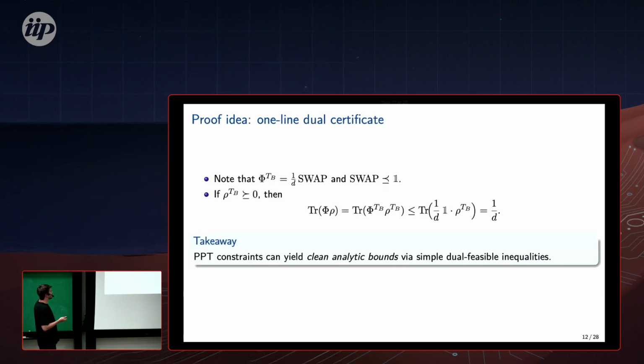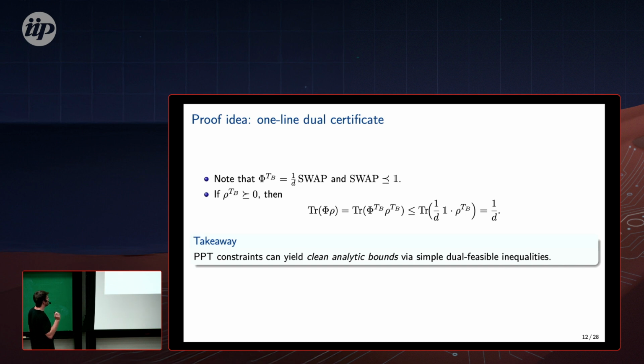And how are we going to show this? Well, remember that I told you before that when you were doing Slater's conditions and so on, often just trying with the maximally mixed state is good enough. Well, it turns out that if you do some matrix tricks, this is indeed the case also here.